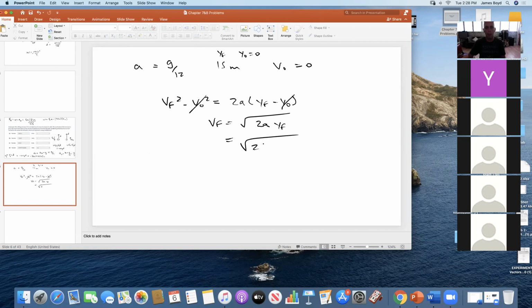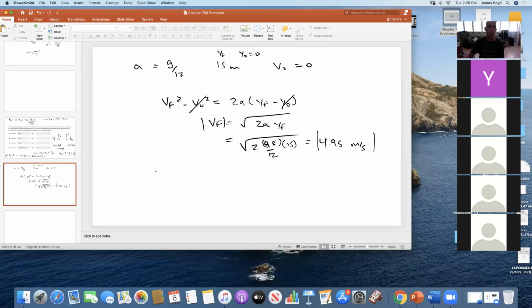So this is 2 times 9.8 divided by 12, times 15, which is 9.8 divided by 6 times 15. Take the square root of this answer. I get 4.95 meters per second. That's the speed, if I take this as a magnitude.